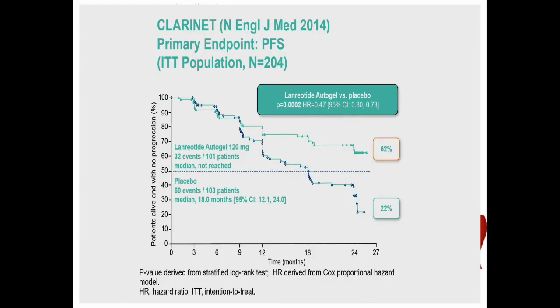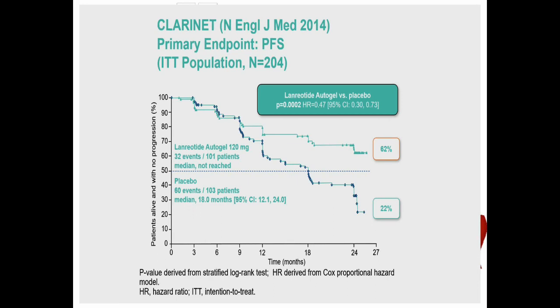Just one slide about somatostatin analogs. The famous CLARINET trial we performed with others in 2014, which was the first randomized trial to show that in patients with pancreatic lesions, there was a huge benefit using lanreotide 120 milligrams every 28 days, compared to placebo.